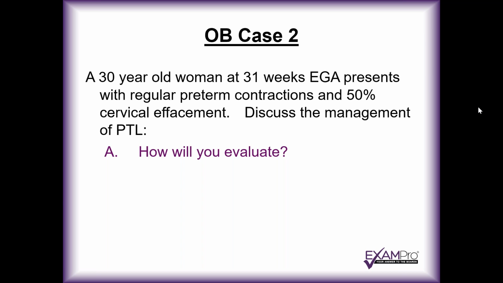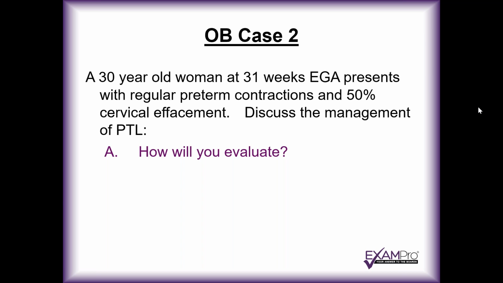So during the history and physical, you want to find out if she's had prenatal care, if there are any precipitating events prior to the preterm labor, any substance abuse, medication use, or potential trauma. Find out if there was a history of this in the pregnancy, if this had happened in any previous pregnancies, if she's been seeing a high-risk doctor for this, if she's been on any medication for this.